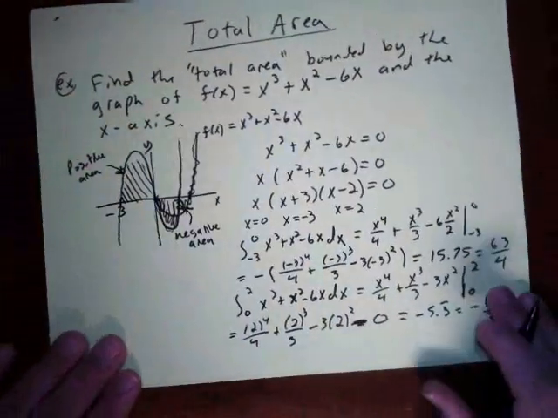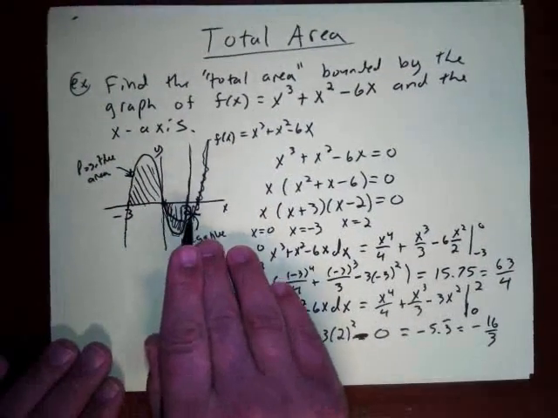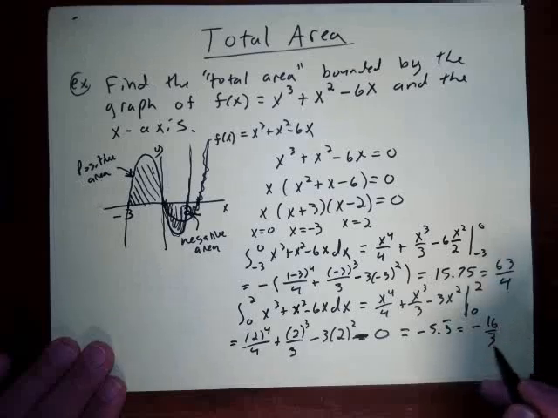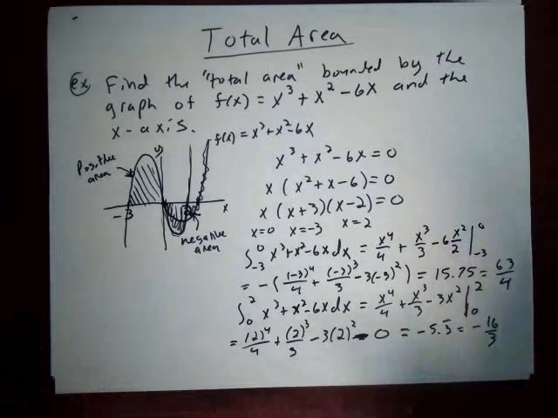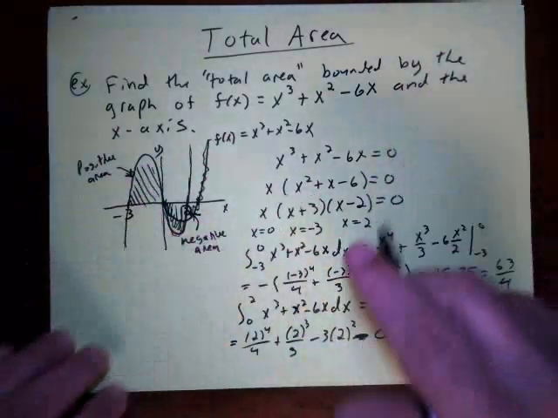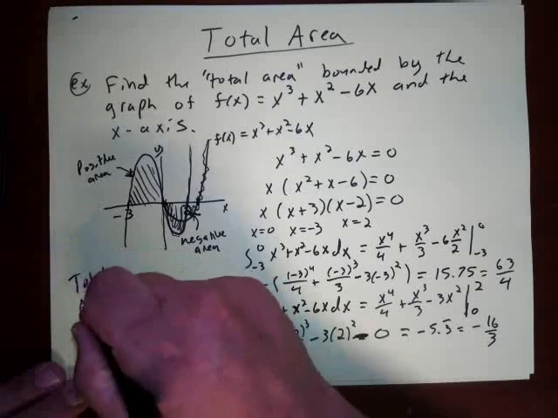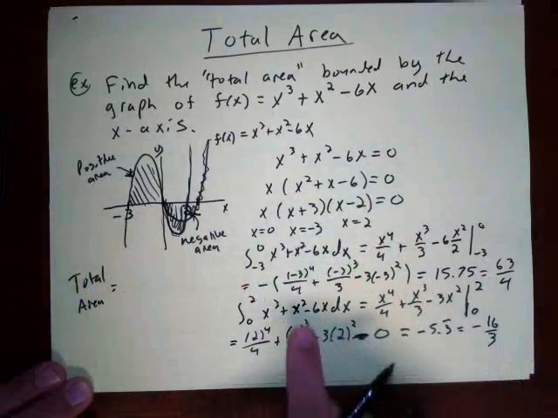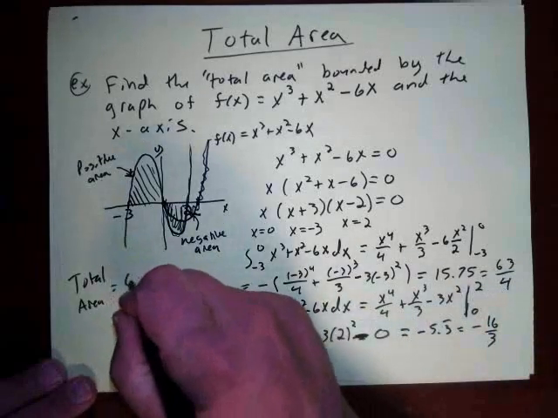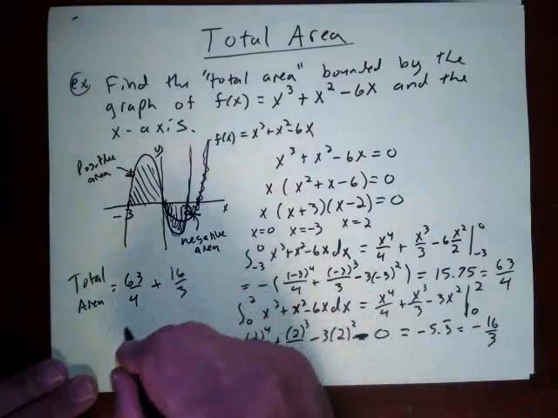Okay? So if you just integrated from -3 to 2, I would have gotten this minus that, and it would have been less than this total area. But if I want the, quote, total area, then I have to split it up into the two integrals and take 63/4 and the absolute value of that, which is 16 thirds.